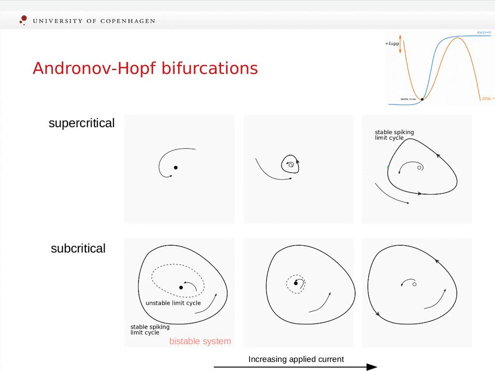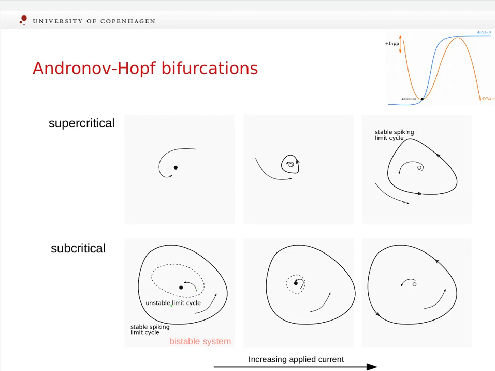Now in the subcritical Andronov-Hopf bifurcation, our stable focus in here has a limited area of attraction, and this area of attraction of the stable focus is limited by an unstable limit cycle. So all trajectories run away from it, rotating.